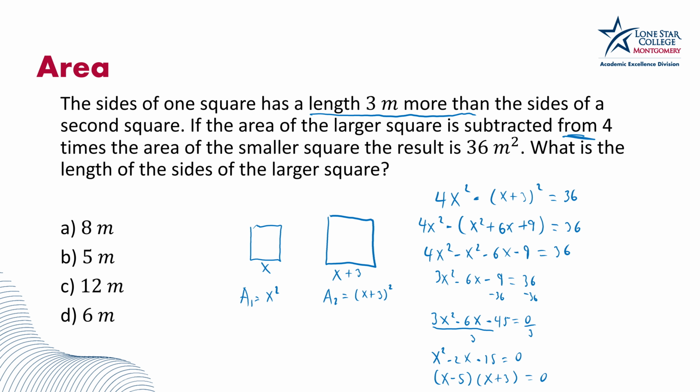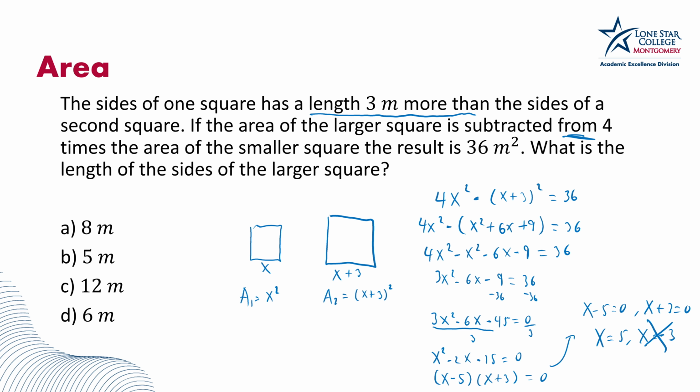Now we set both of them separately equal to 0: x minus 5 equals 0, and x plus 3 equals 0. Solving for x, we get 5 and negative 3. But keep in mind, what does x represent? x represents the side of the smaller square, so we can't have a negative length. So x equals negative 3 would not work.